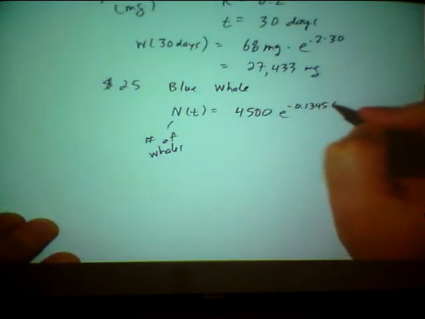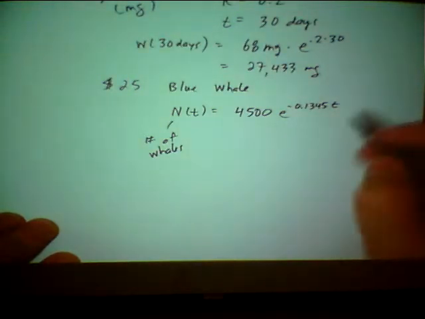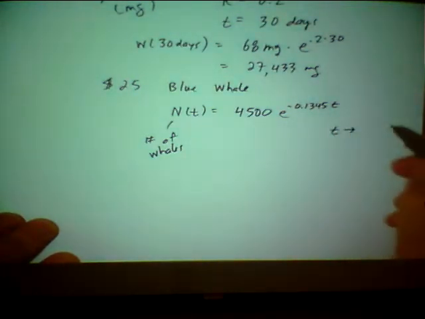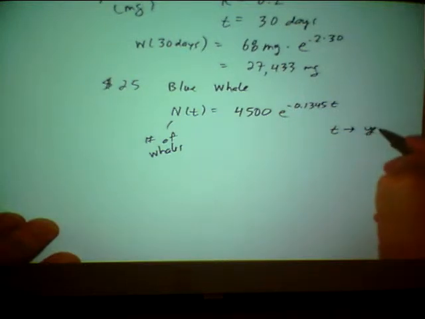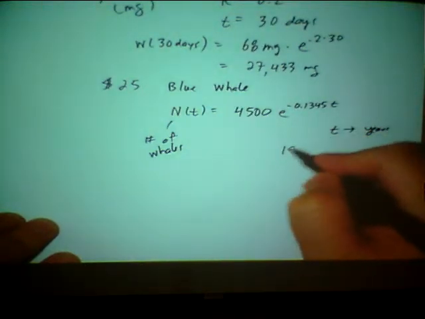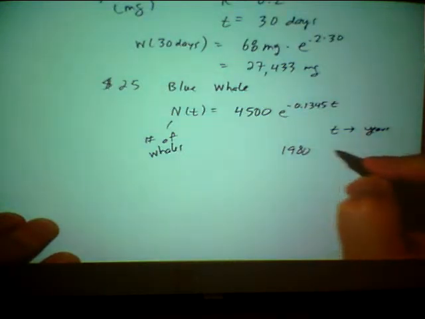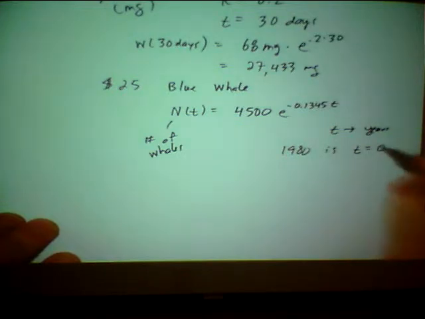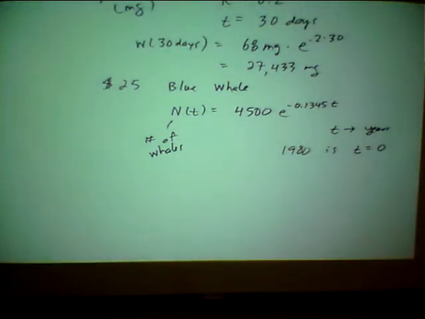It's important for t to be in years, and what's also very important is that 1980 is when t equals 0. So 1980 is like the starting point. 1980 represents year 0.